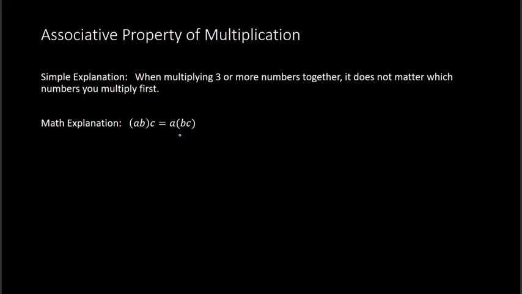With real numbers, if we had 2 times 3 times 4, we could do 2 times 3 first to get 6, and then multiply by 4, or we could take 3 times 4 and multiply that first, and then multiply by 2 after. Either way, we're going to get 24 as our solution.